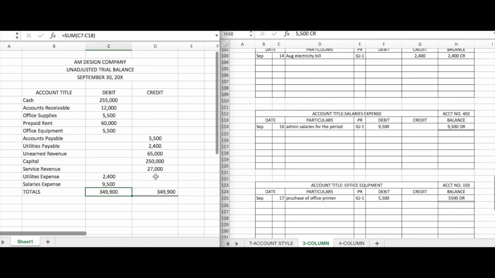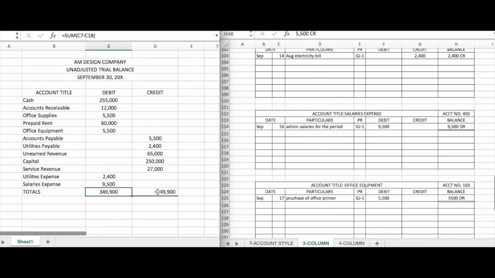So your debit and credit must equal. Okay, if your debits and credits are not equal, there could be many reasons behind the error in your trial balance. You could go back to your journal entries, or maybe there were transposition errors, and those techniques of finding errors are also in your workbook.